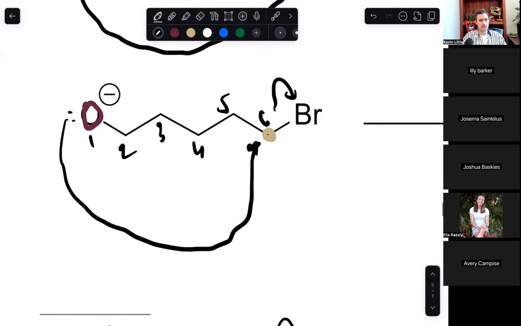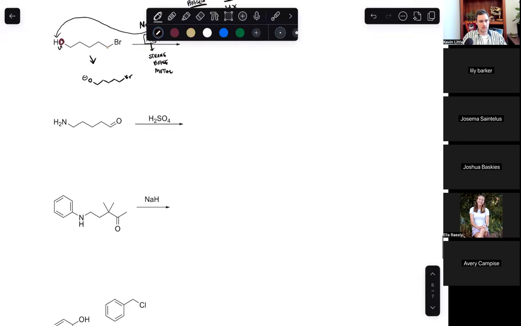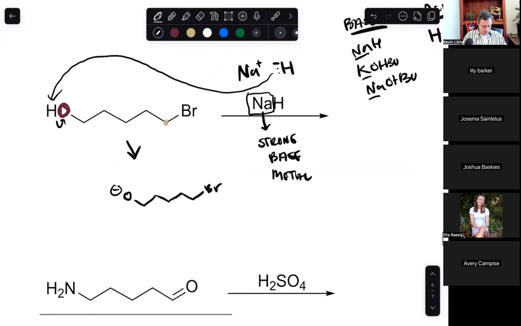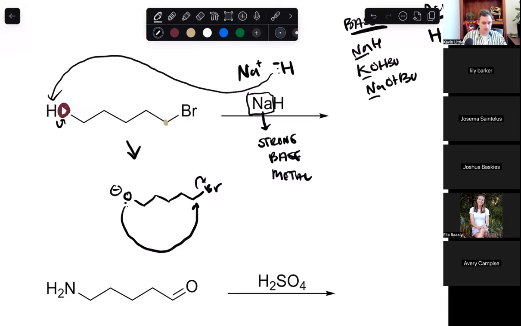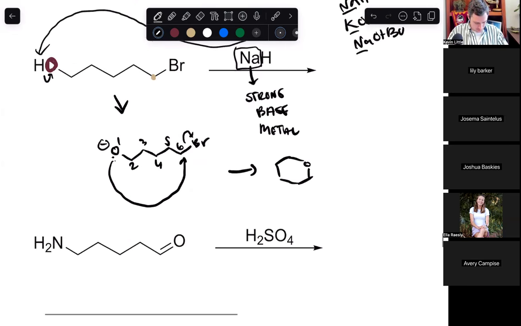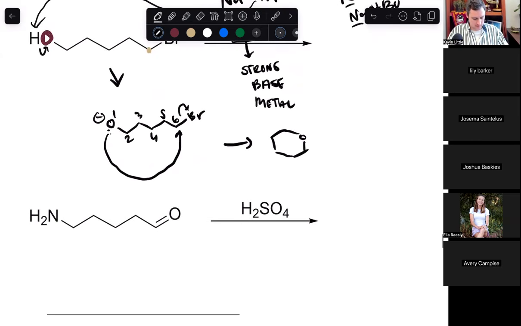I'm now at this point. One thing I want to be clear about: you have to show these as two separate steps. You can't show the base deprotonating and the nucleophile attacking in the same step. These are two separate steps and they need to be shown as two separate steps. You will lose credit if you show them all in the same step. This is a six-membered ring with an oxygen in it, and there's nothing else coming off of it. So that's it.